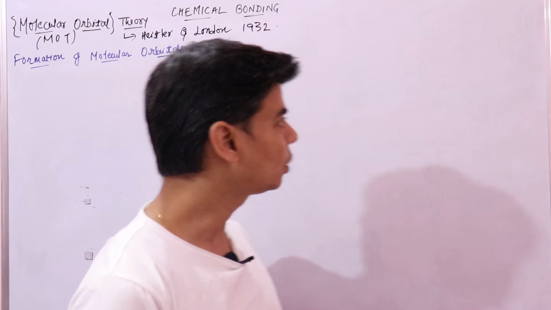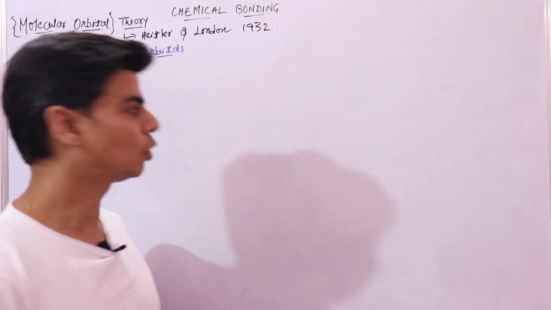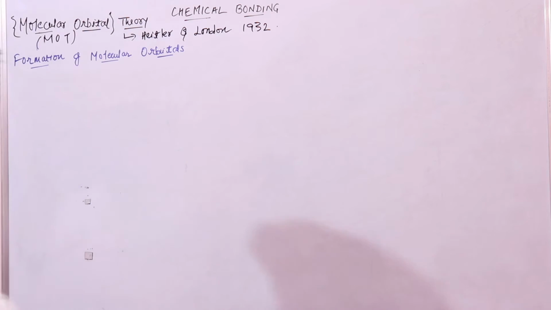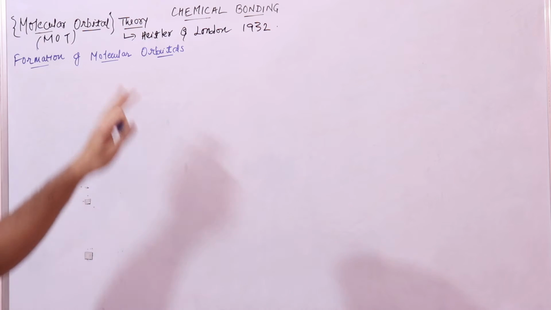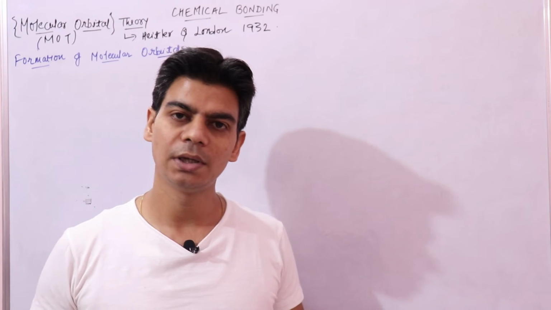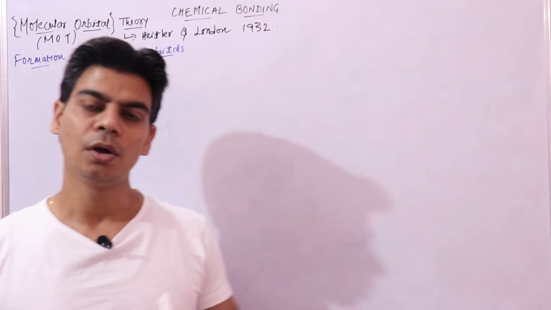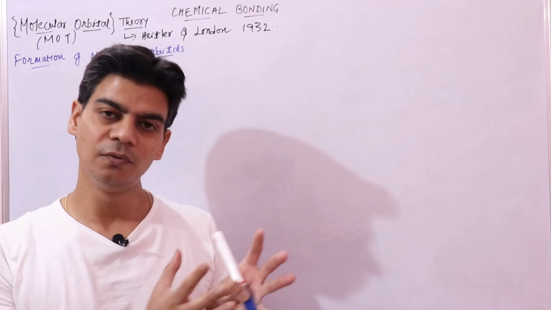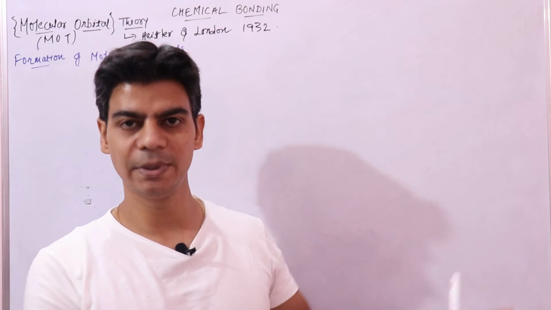Now let's dive more into these bonding and antibonding orbitals. Till this point we are clear about the basics of molecular orbital theory. Now we'll see again the bonding and antibonding molecular orbitals, and how the bonding molecular orbital leads to stability.